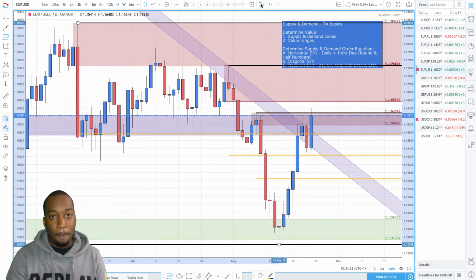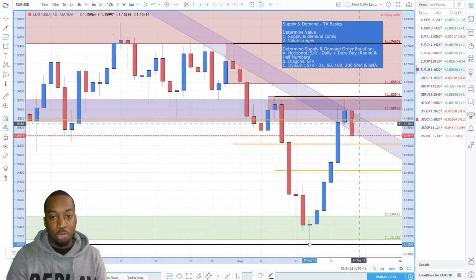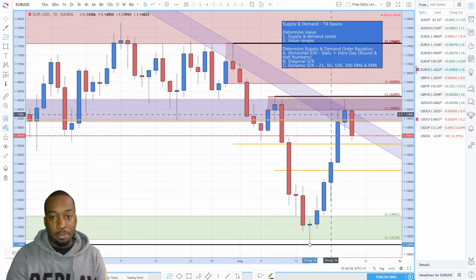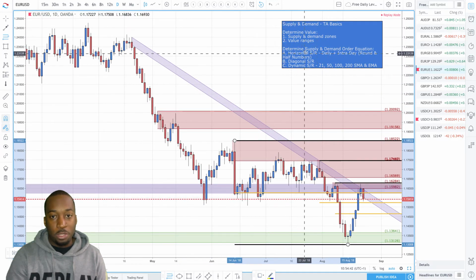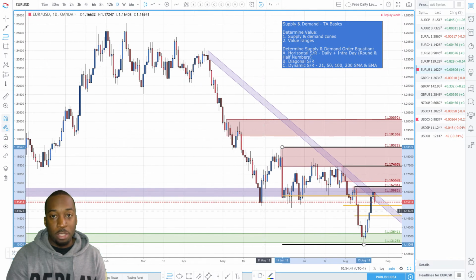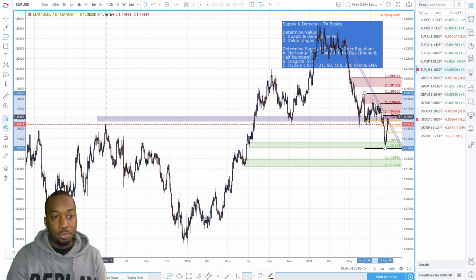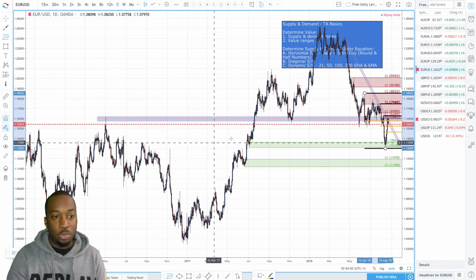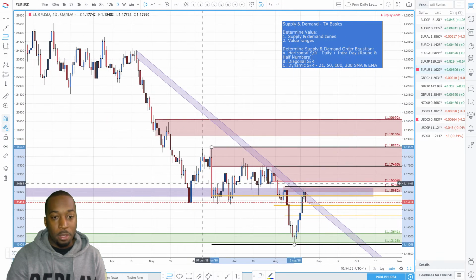So what we saw, and this is a great tool here, is we saw this price action here on the Thursday, right? So on a lower time frame chart, there was an entry for me. We also had the confluence when it comes to supply and demand order equation of this horizontal support and resistance. So we had resistance here, a bit of support, right?